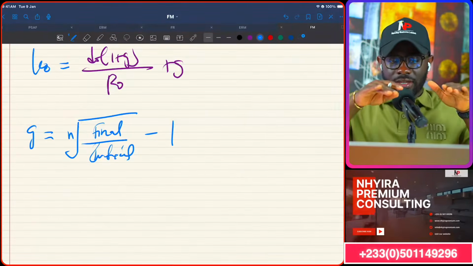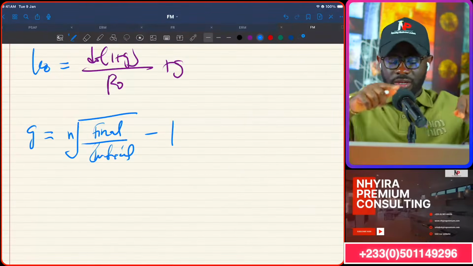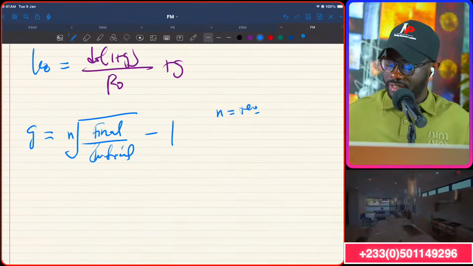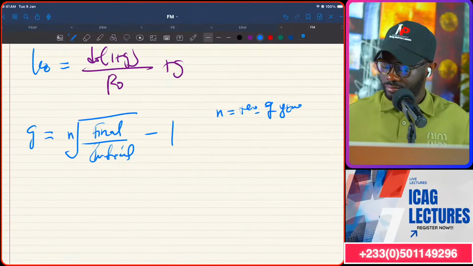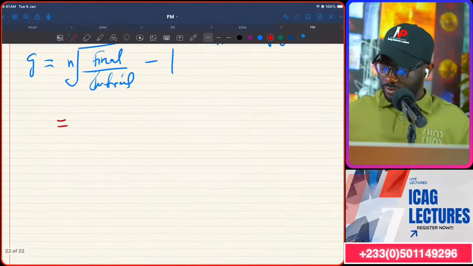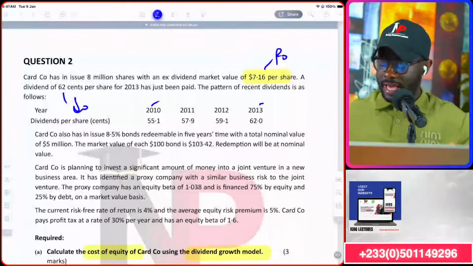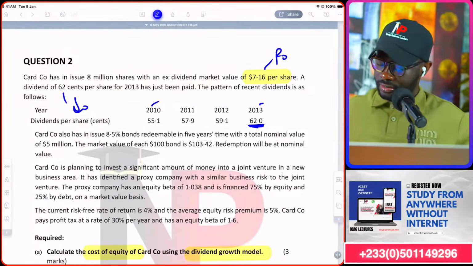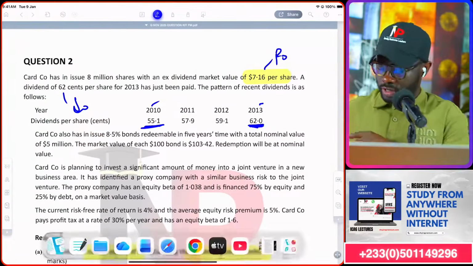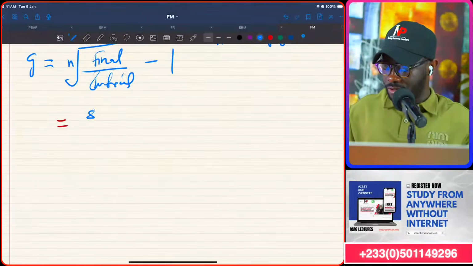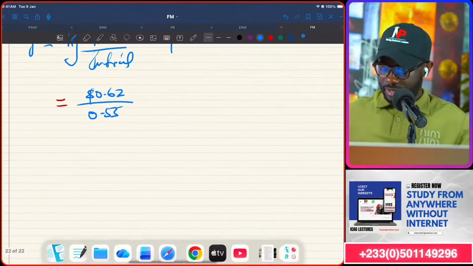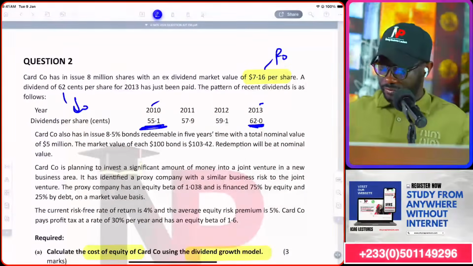Remember, the root sign doesn't cover the 1, where n is the number of years given in the question minus 1. So if we check, the current year is 2013, and the initial is 0.551. So it will be 0.62 divided by 0.551. Got to be careful.